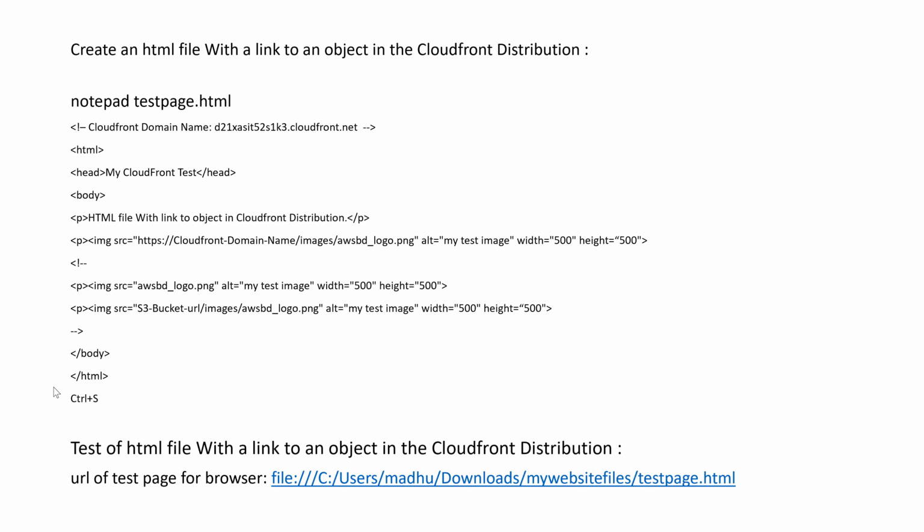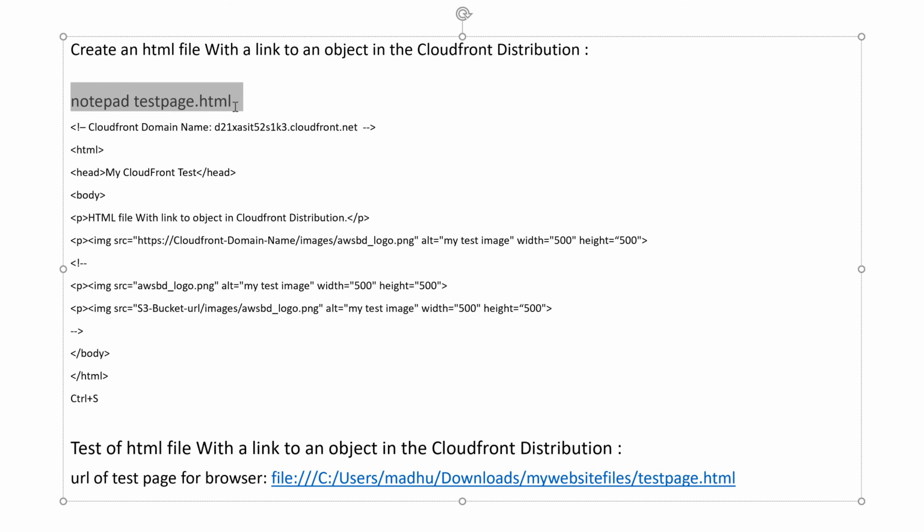But before we modify our distribution, let's run one last test. Let's create an HTML file with a link to an object in the CloudFront distribution. So let's create or edit our test page.html.